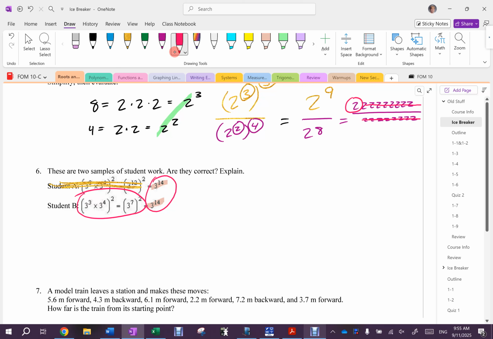Oh, so student B is correct because student A didn't do those exponents correctly. And then they did the wrong thing there. They luckily got the right answer.